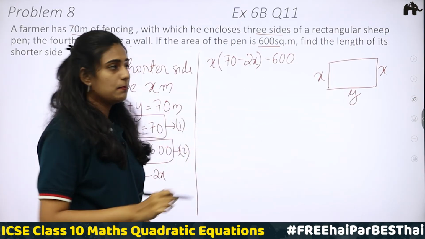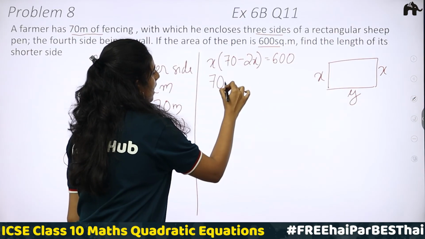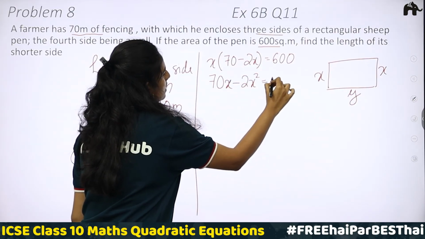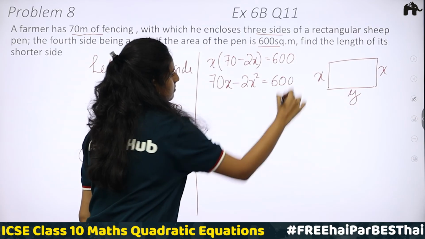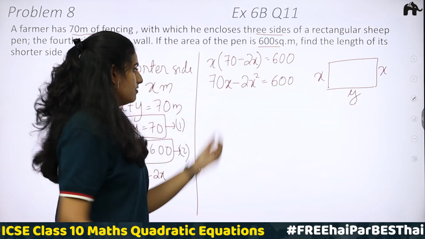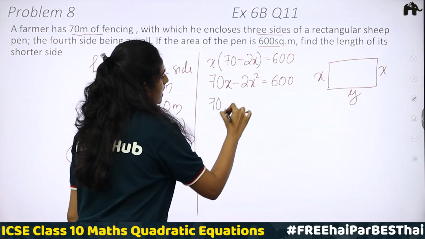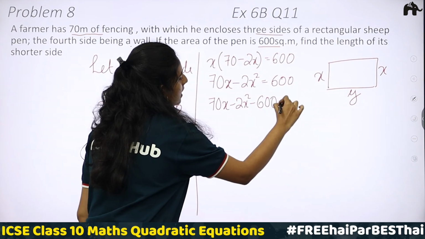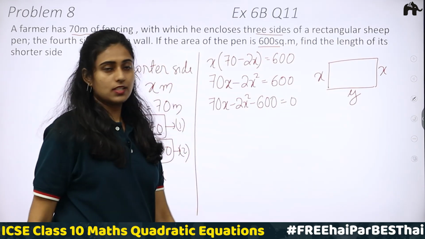Removing brackets and multiplying, 70x minus 2x square is equal to 600. Okay. Bringing every term to the left hand side, we get 70x minus 2x square minus 600 is equal to 0.